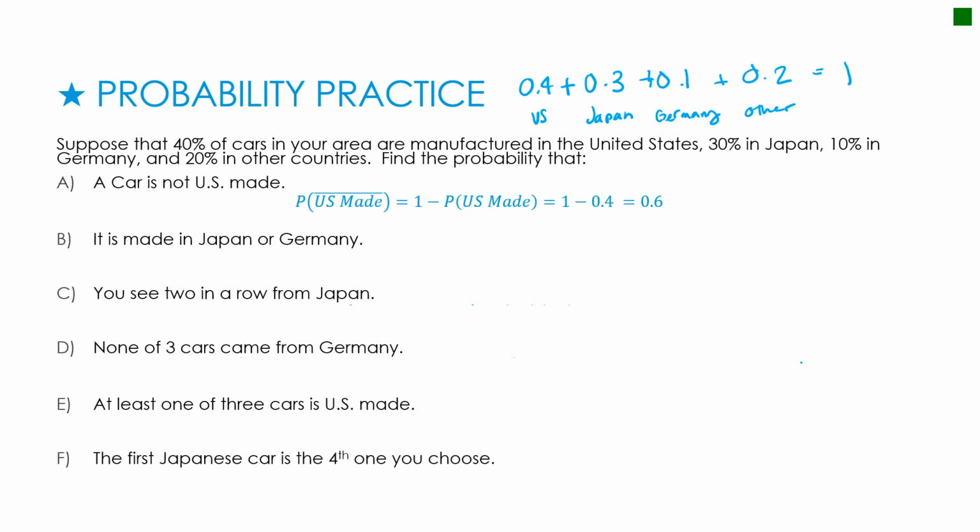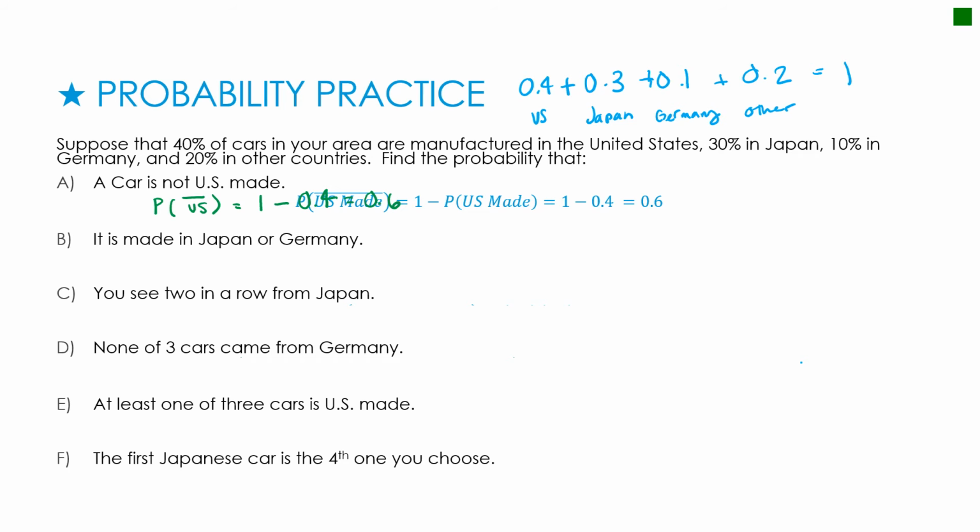The first question says, what is the probability that a car is not US made? So again, two ways to go about this. The easiest way to find the probability that it's not US made, so that's the complement, is to take 1 minus the probability that it is US made. In that case I would get 0.6.